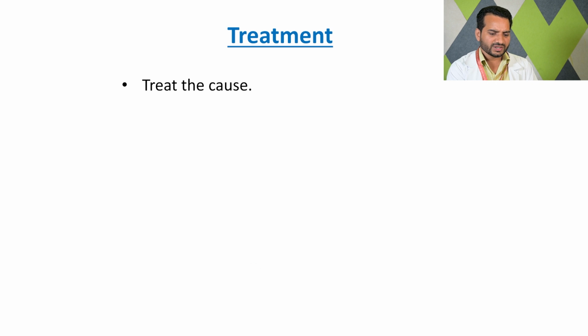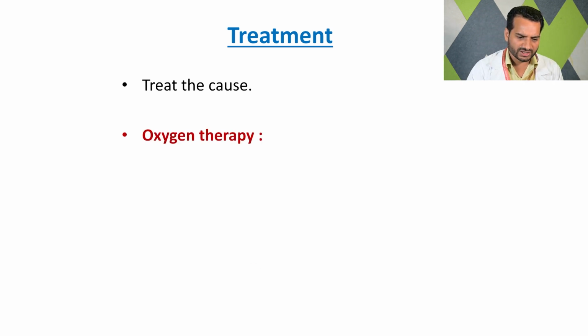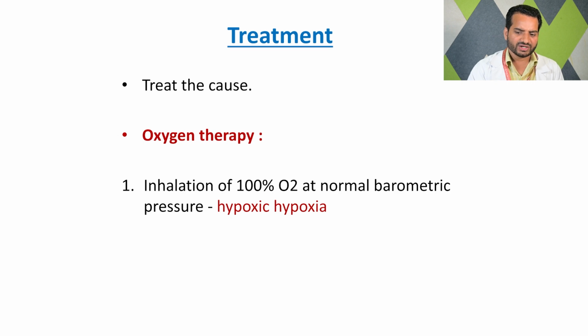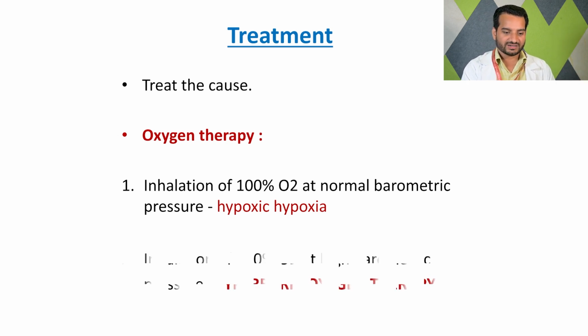Coming to treatment, hypoxia can be treated according to the cause of hypoxia. Oxygen therapy can be given to treat hypoxia. Inhalation of 100% oxygen at normal barometric pressure is a very important treatment in hypoxic hypoxia, since in hypoxic hypoxia there is a lack of oxygen.